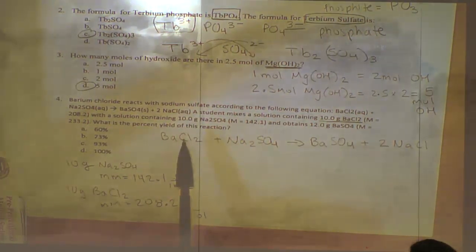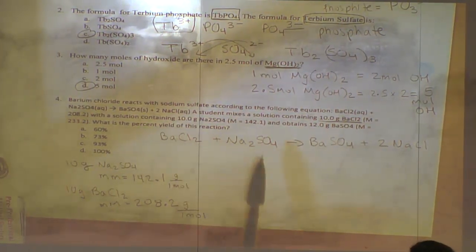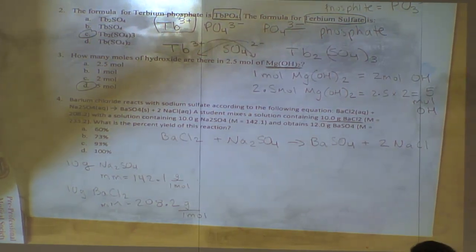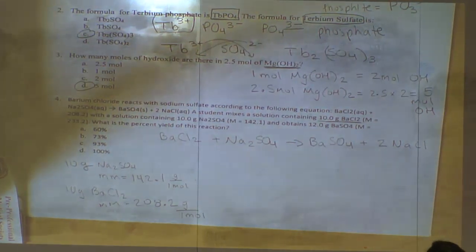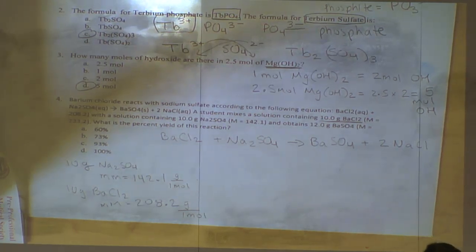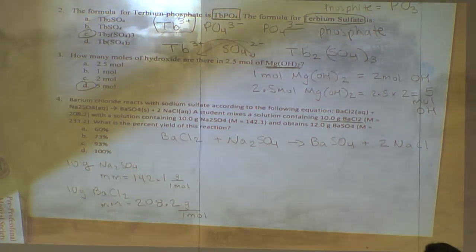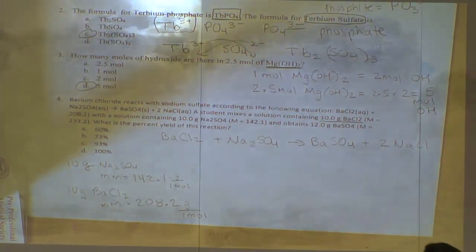Do we have almost a mole of BaCl2 or almost a mole of Na2SO4? Which one do we have more of? How many grams do we have of each one? 10 grams. But they both have different molar masses, right? So 10 grams is closer to which one, 142 or 208? 142.